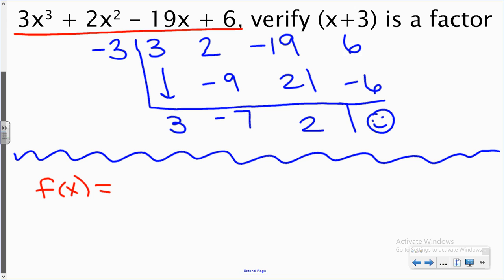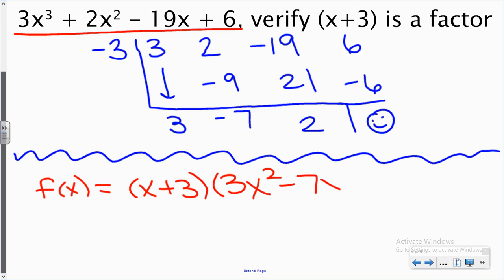We know that x plus 3 divides evenly into it. And when x plus 3 divides evenly into it, we get left with 3x squared minus 7x plus 2. If we wanted to find all of the linear factors of this problem, we could use this quadratic and factor it completely.